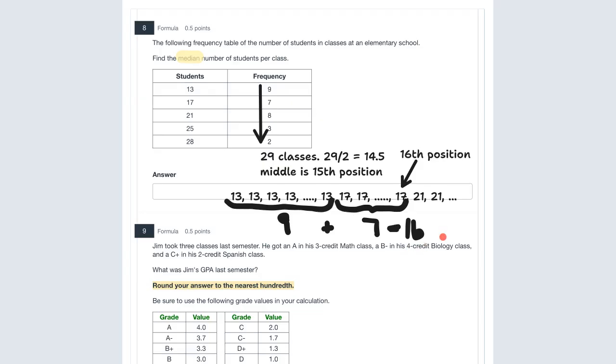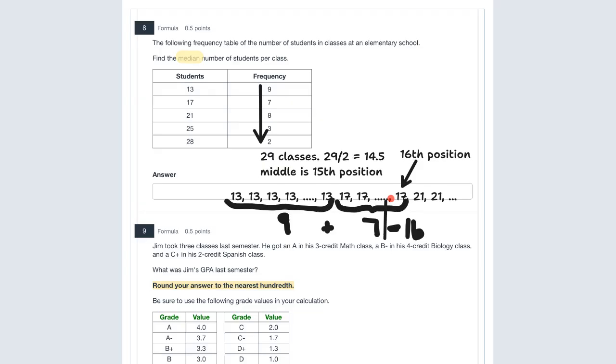That also means that immediately before that, whatever pops up right here has to be in the 15th position.